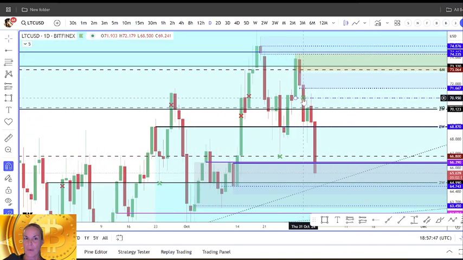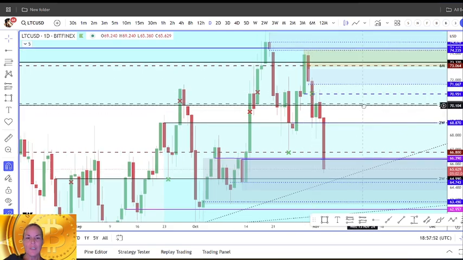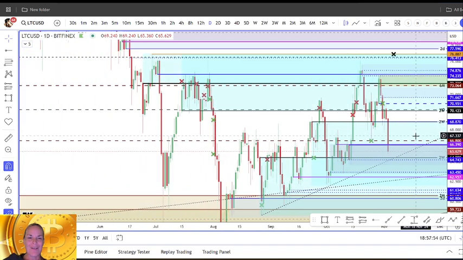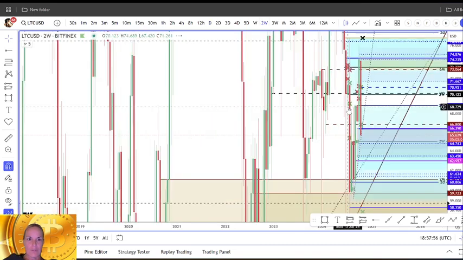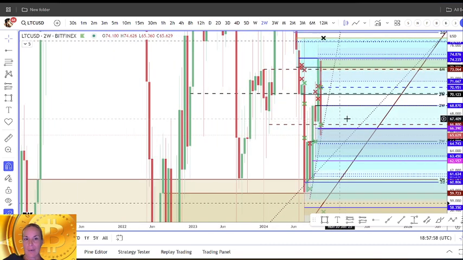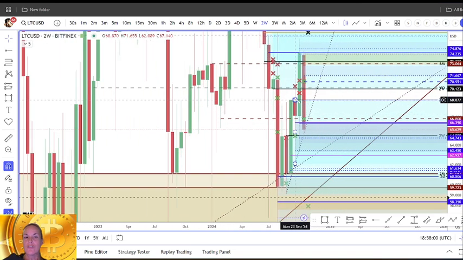And therefore I put aggressive long entries on Litecoin and Link, and both of them failed. And it is what it is. This is looking like now it's going to make a weekly supply by closing below here.